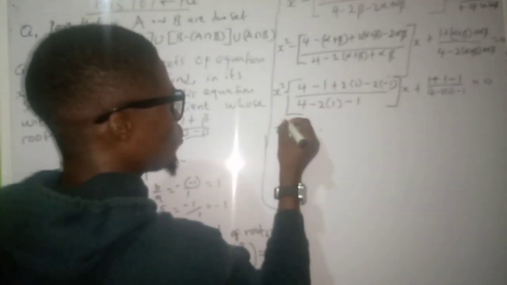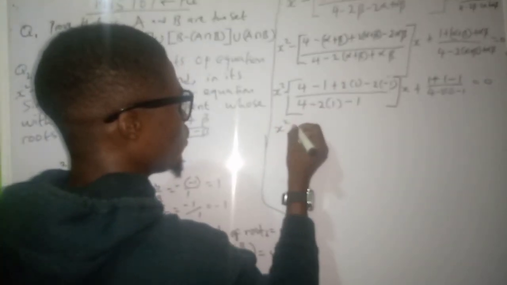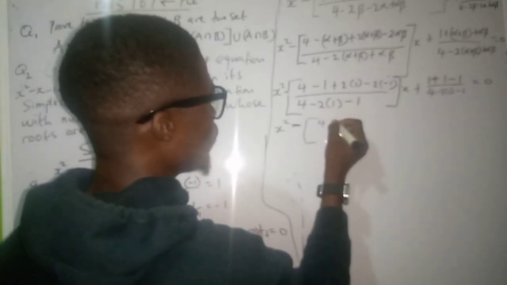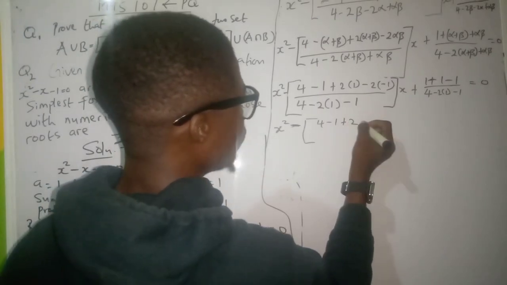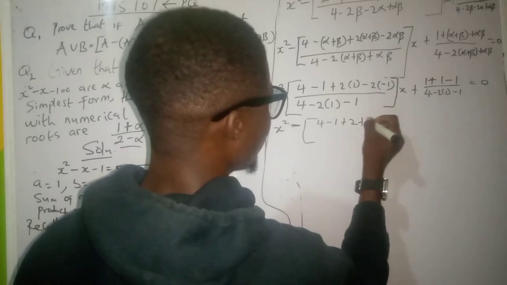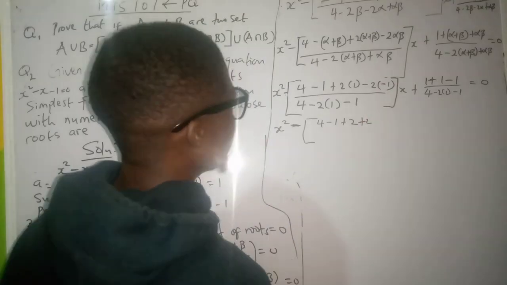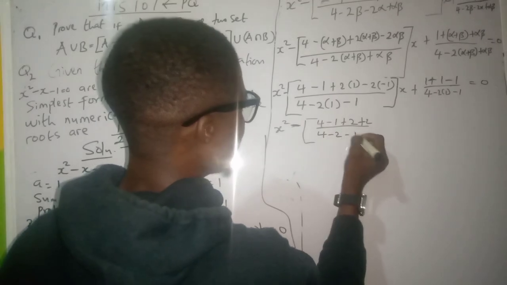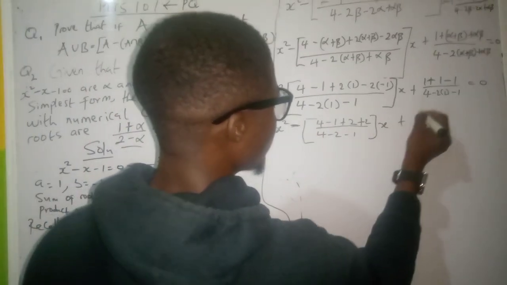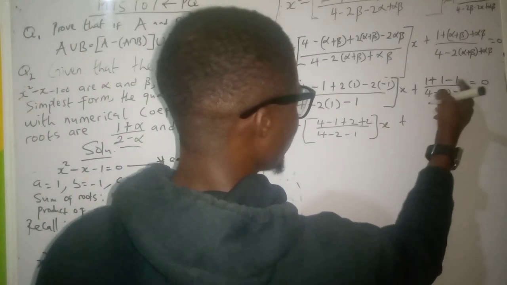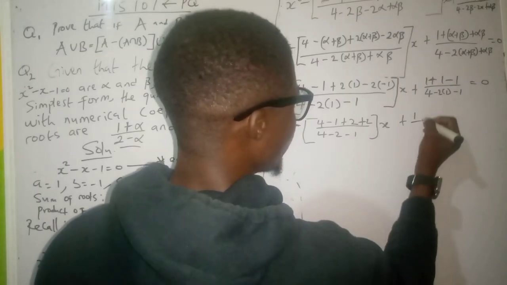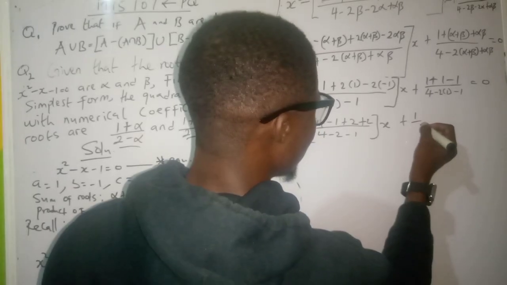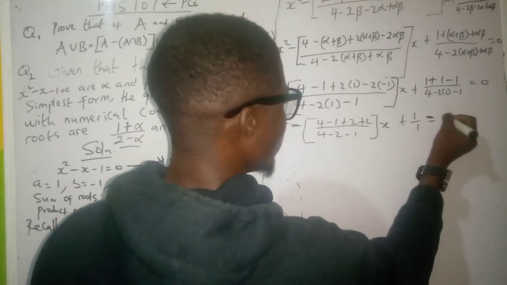So we have x squared minus, you understand, 4 minus 1 plus 2 plus 2, okay. Now over 4 minus 2 minus 1, we have x plus 2 minus 1 over what? 4 minus 2 is 2, 2 minus 1 is 1, equals 0.